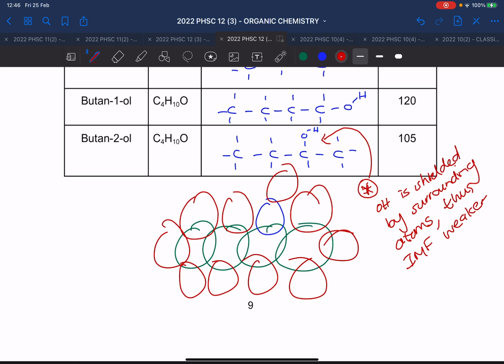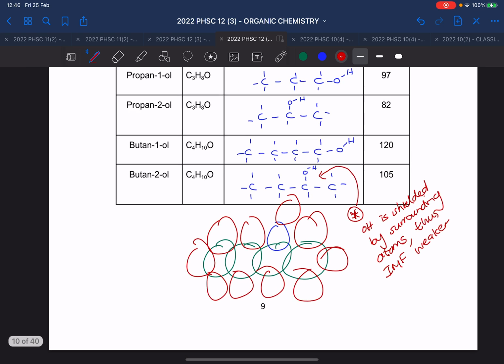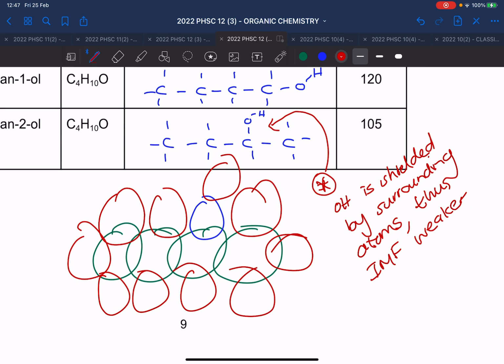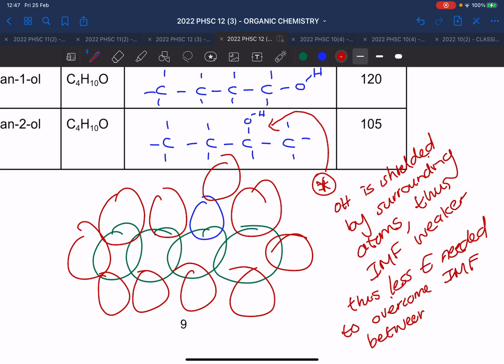You don't get a mark for just saying something overcome. So thus, intermolecular forces are weaker, thus less energy will be needed to overcome the intermolecular forces between molecules. You said this a million times last year. Thus, less energy needed or required to overcome intermolecular forces between molecules.